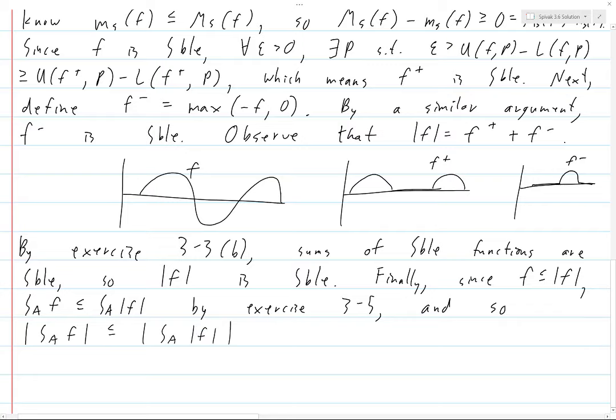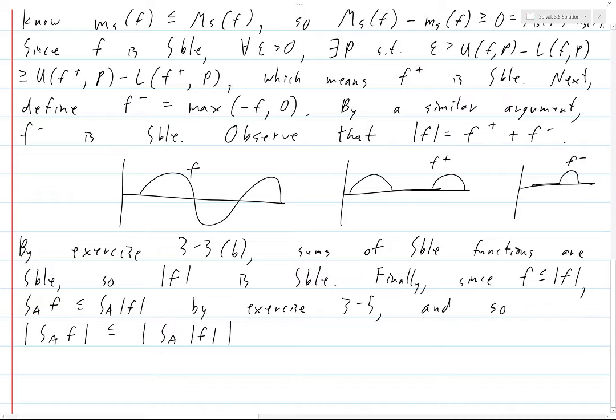But now if we think about the integral of the absolute value of f, the absolute value of f is always positive. The absolute value of f takes on positive values always. So if we think about any lower sum or upper sum, we're taking a sum of a bunch of positive values, because both capital M and lowercase m of the absolute value of f will always be positive.